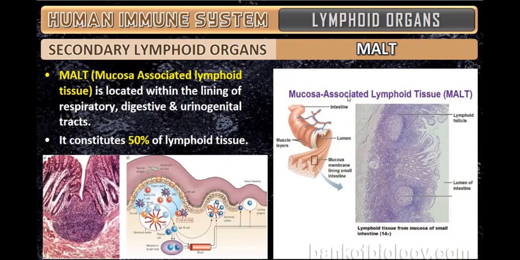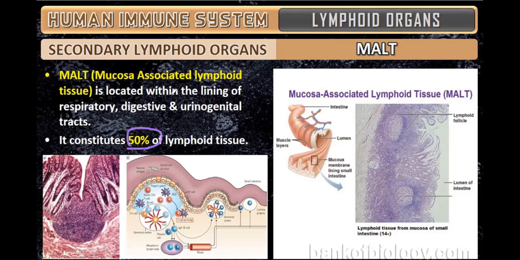MALT means mucosa associated lymphoid tissues. They are also an example of a secondary lymphoid organ. MALT is located within the lining of the respiratory system, digestive system, and urogenital tract. It constitutes 50% of lymphoid tissues. So what is the percentage of MALT? 50%.